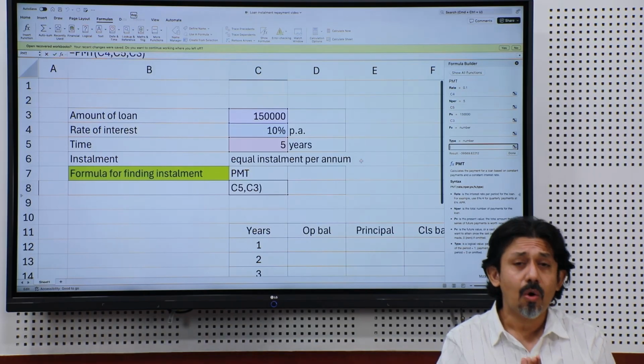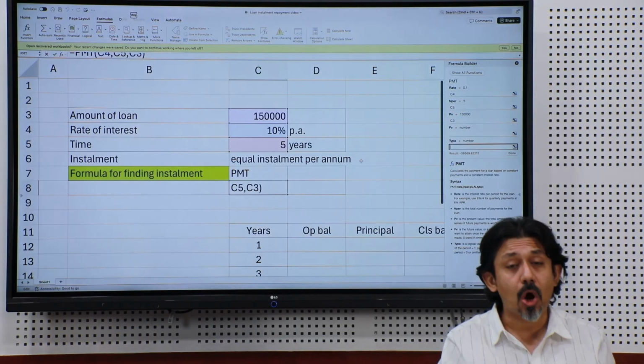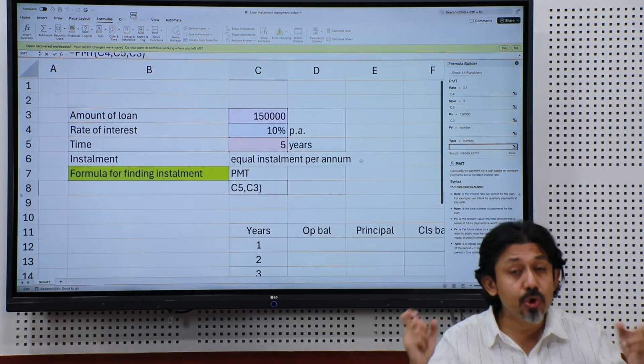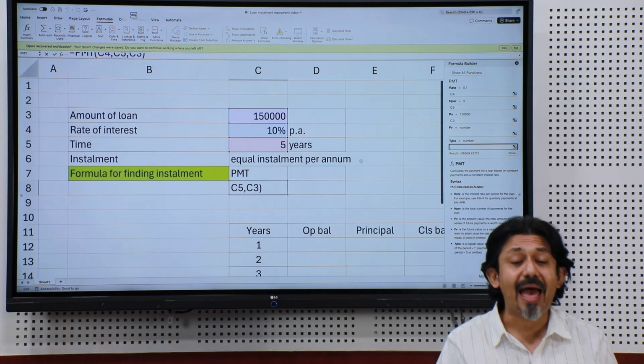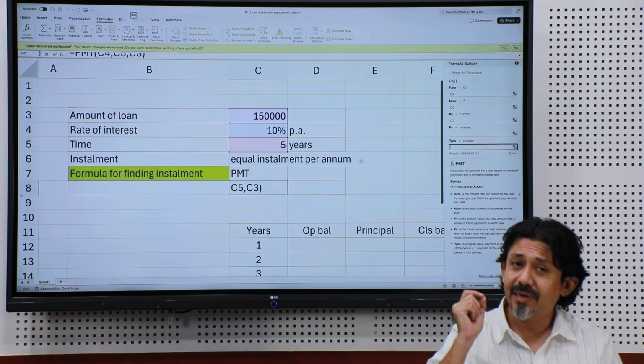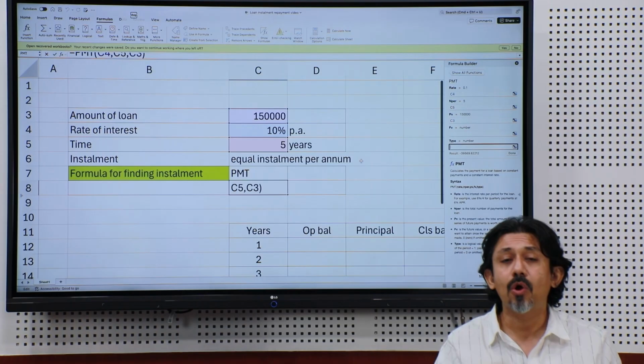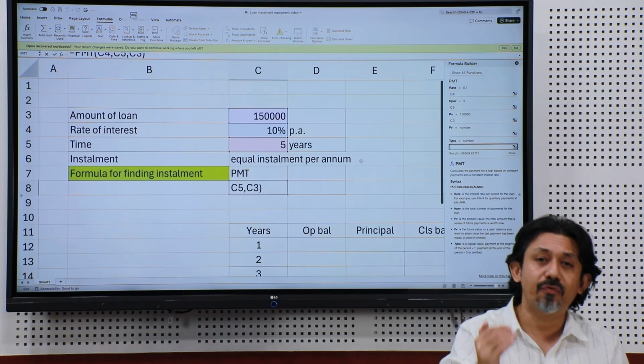So, all that I want to say is, if you leave out this cell blank, your installment will get calculated assuming that your repayments happen at the end of the time period. If you type out 1 over here in this cell, then Excel gets the message that your installments are in the beginning of each period, right.